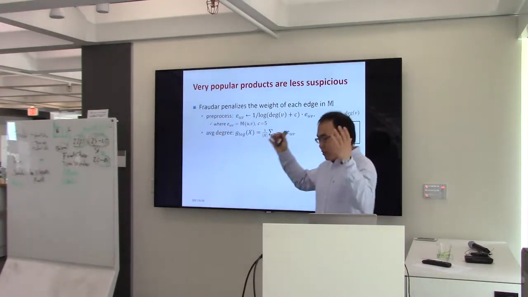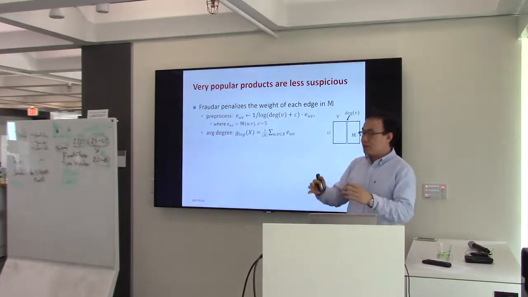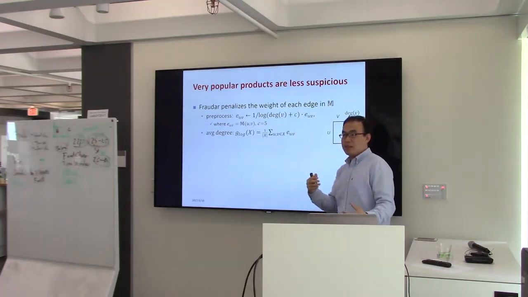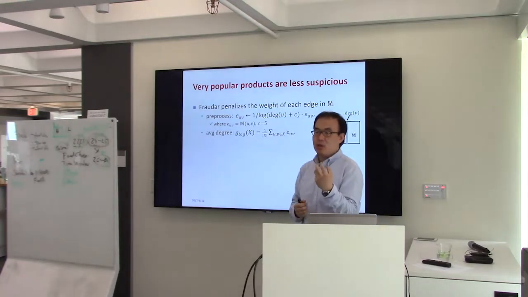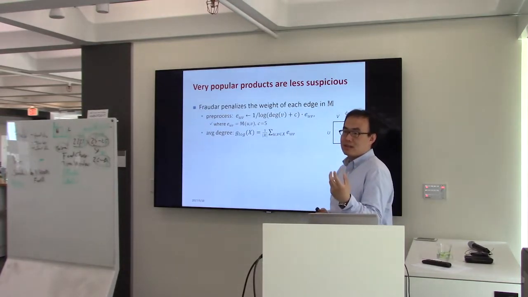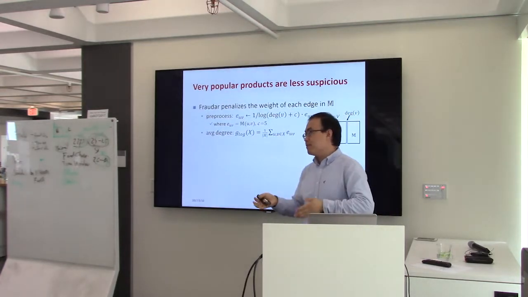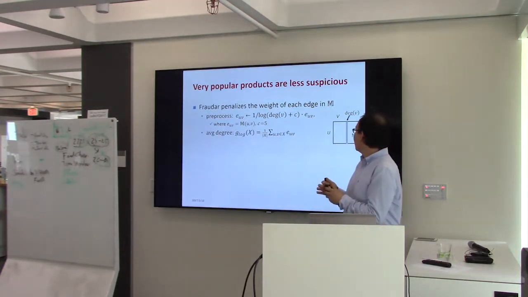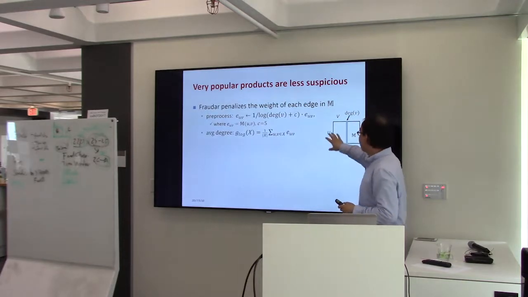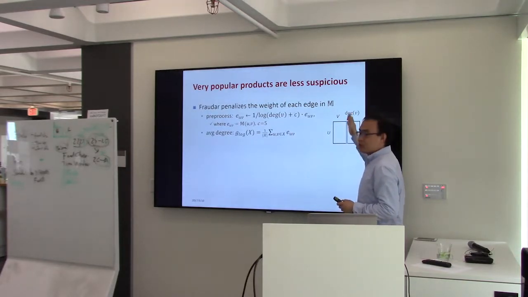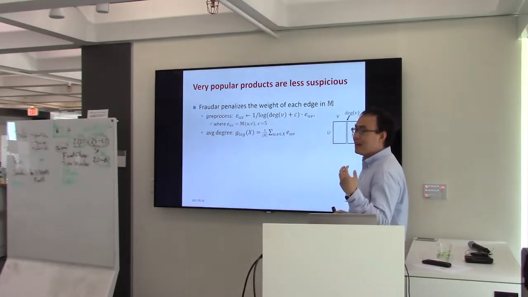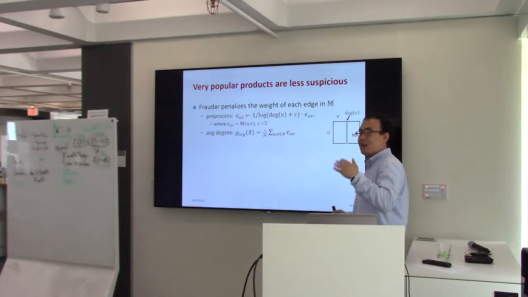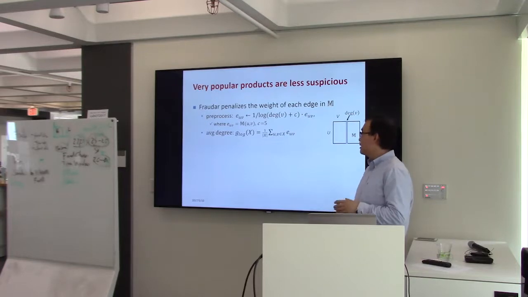Okay, so what's the problem with using such an algorithm in fraud detection? We have an observation that the most popular products are less suspicious. For example, with Justin Bieber, a lot of users will retweet messages from Justin Bieber, so it is less suspicious if they have very high popularity.